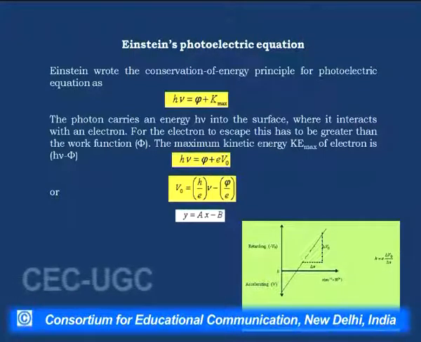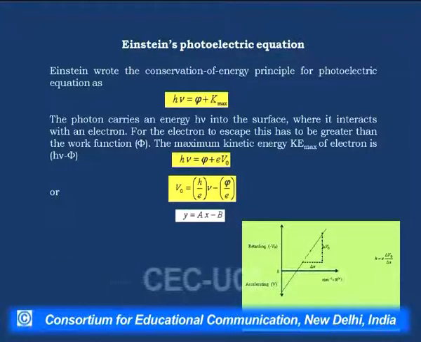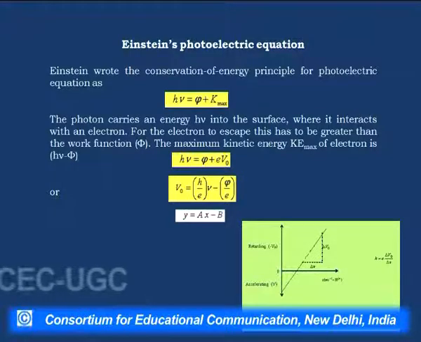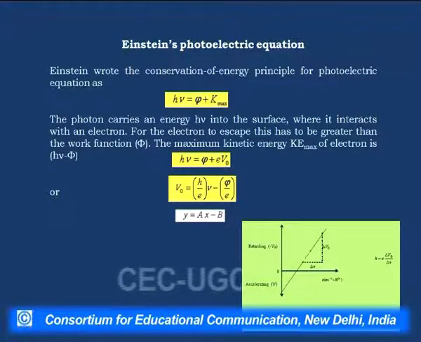Now, for the maximum kinetic energy of the electron, we have to apply a negative potential, so this kinetic energy has to be balanced with the potential energy. Potential energy is eV naught. So, when the electron stops, we can write this kinetic energy equal to potential energy. So, h nu is equal to phi plus eV naught.